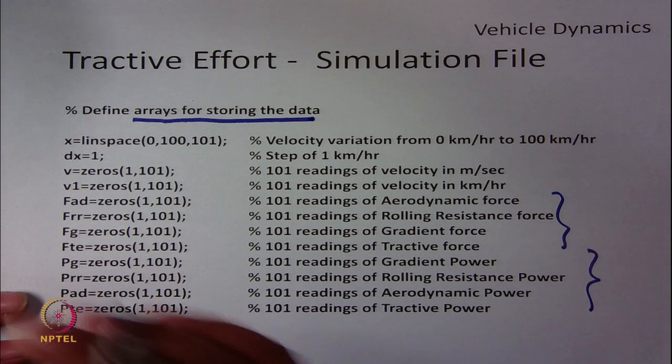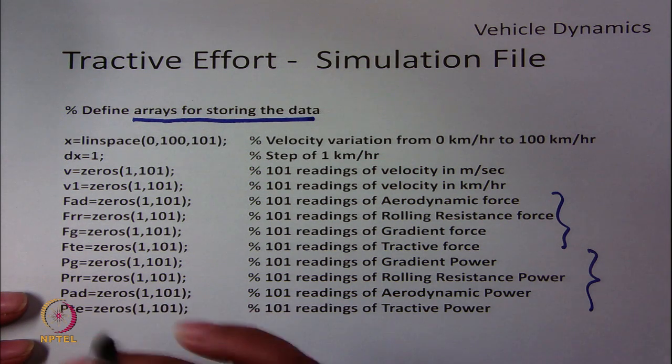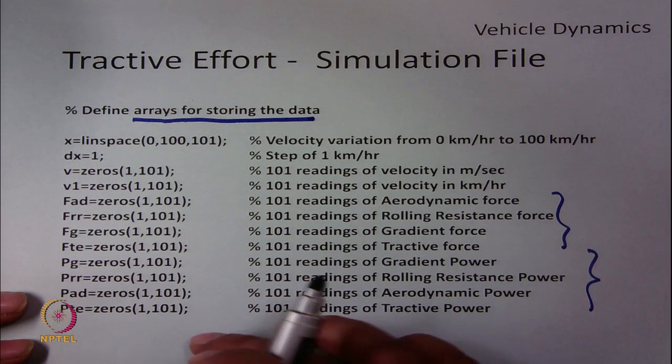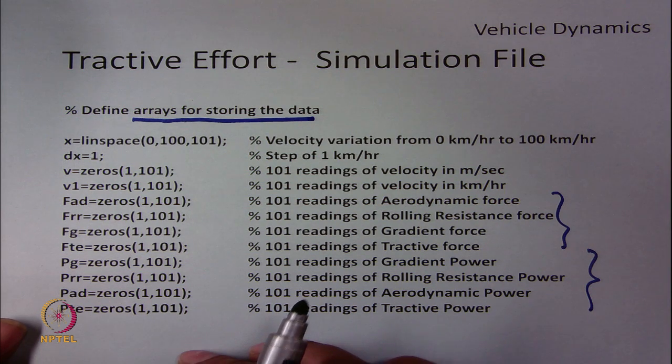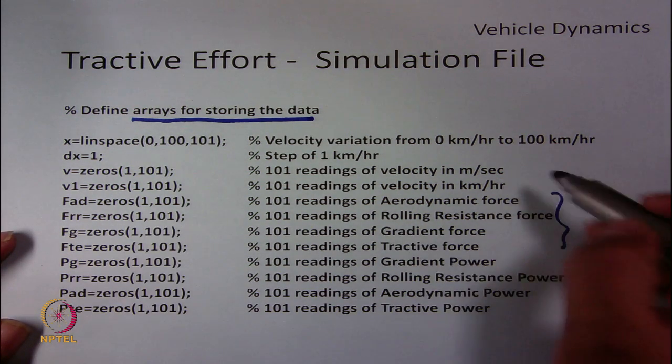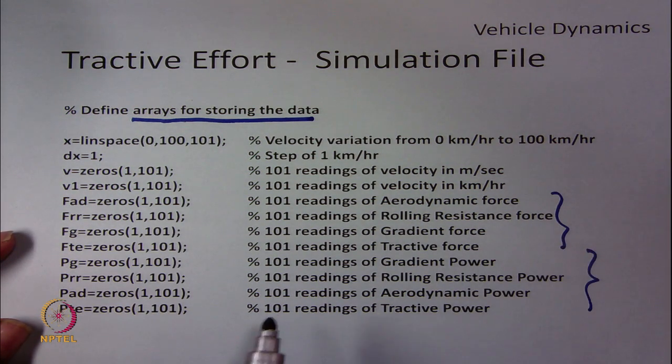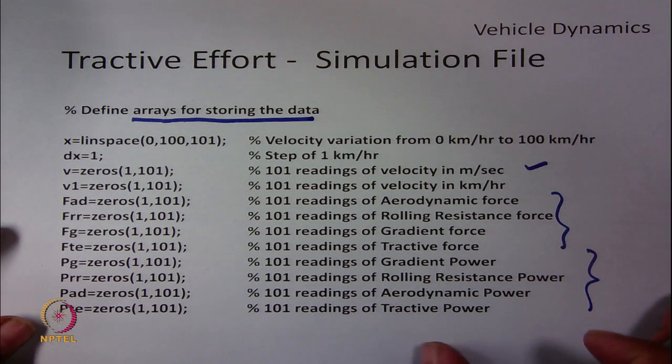Against each speed we have to calculate the power and store it as data. So, we have to create arrays where the values of these different forces and powers will be stored. We have to define velocity as well, velocity, forces and powers.